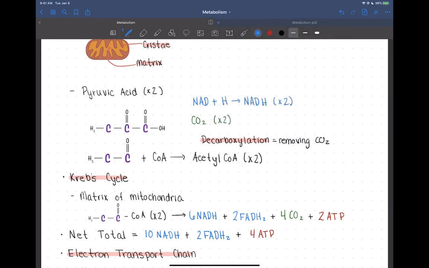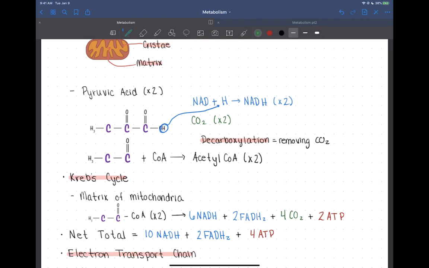Our first step, we're going to take this hydrogen and add it to an NAD to form NADH. Now remember, we have 2 of these pyruvic acids, so everything we talk about is going to happen twice. So we're going to make a total of 2 NADH.